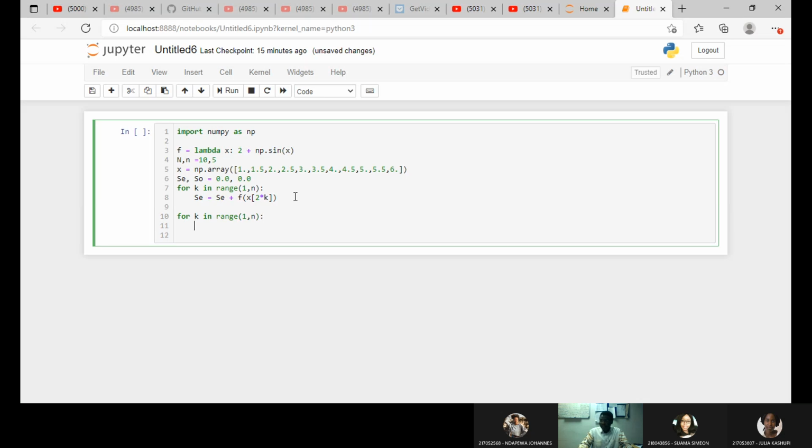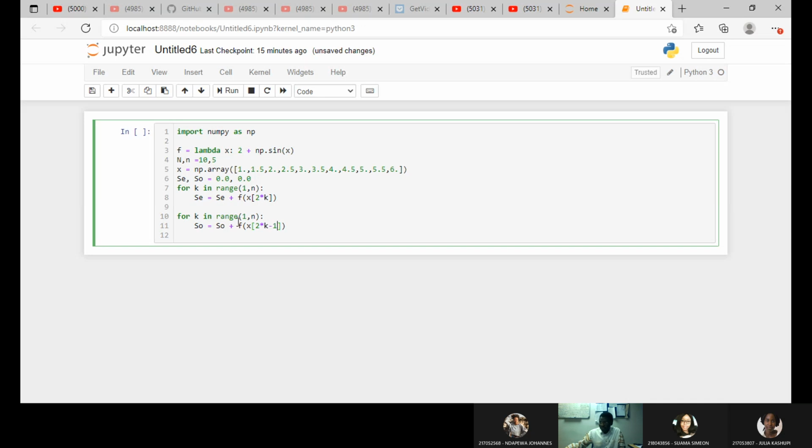So I enter. Now I will copy this because it's similar. I copy and then I paste it there. I just change E to O. Now here I will put 2k minus 1. Right, because it has to be odd.